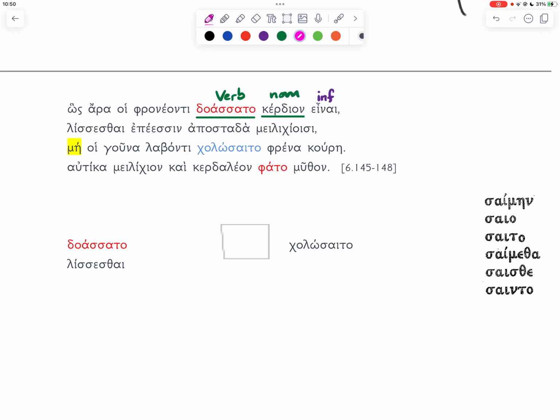And when you have it seemed in Greek, you need to say to whom. And that to person is in the dative case. It seemed better to him. And ont tells me it's a participle. So I'm going to translate this as thinking. To him, as he was thinking about it, it seemed to be better.